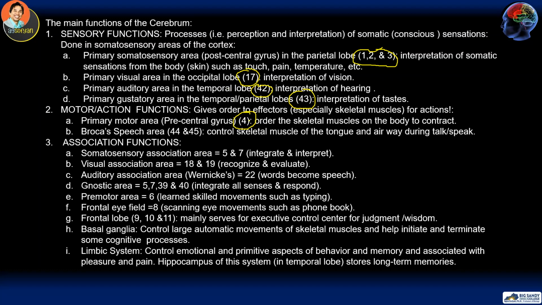These motor actions, the precentral gyrus, and Broca's speech area 44 and 45. And this is some association area, where there is the somatosensory association area or maybe the motor association area.